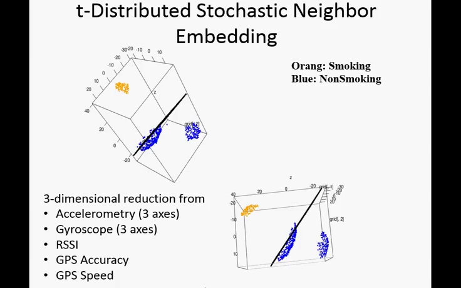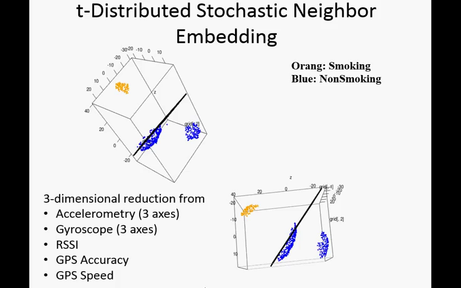Given a 9-dimensional space, it will attempt to sort of establish a metric on that space such that we tend to group together clusters in an effective fashion in 3-space. Okay, so here there's been a naturally 9-dimensional space, accelerometry, gyroscope, each of which have 3 axes, received signal strength indicator, GPS accuracy, GPS speed.